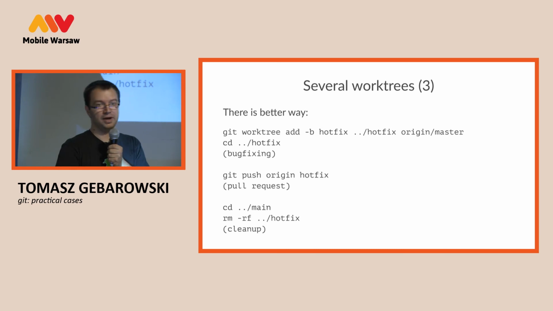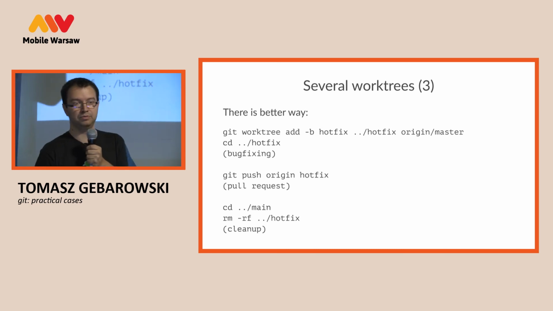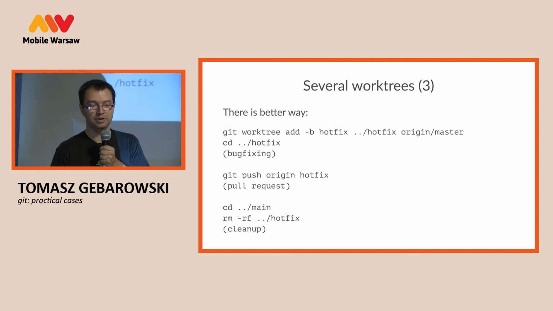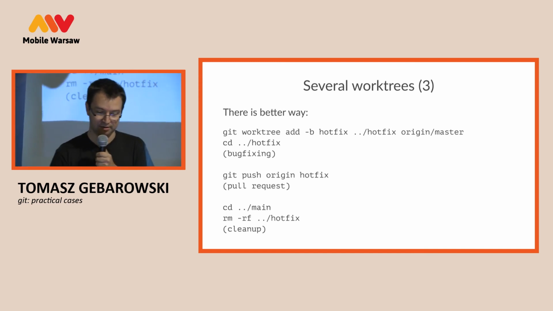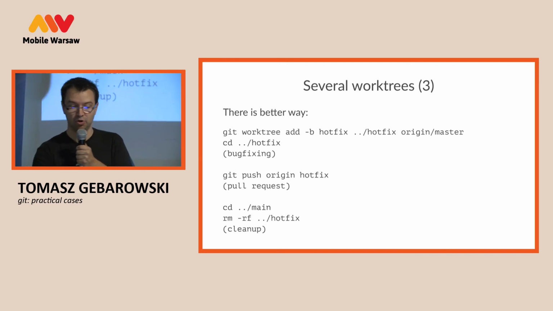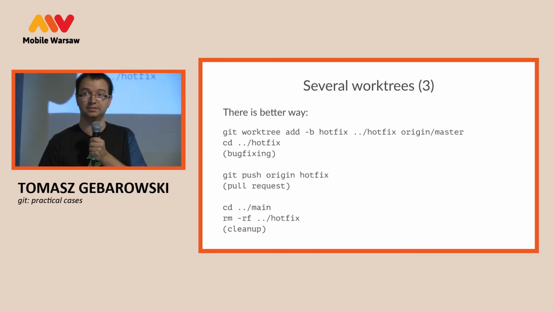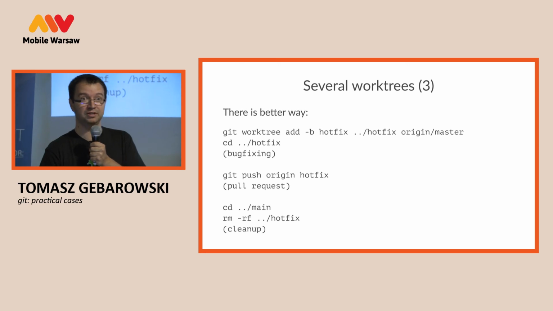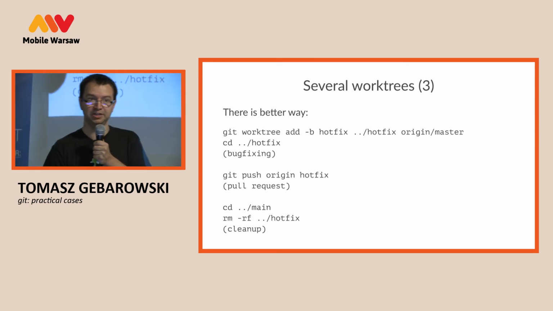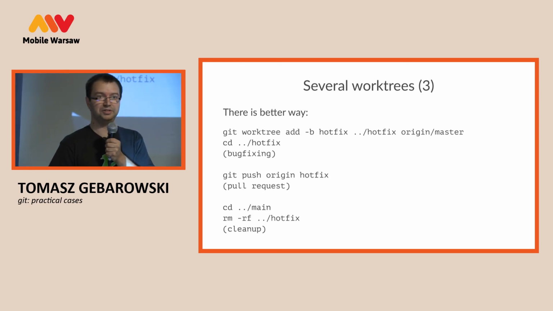And then you can either push those changes to make another pull request, or you can easily go back to the parent directory, delete it, and when you go back to the original directory, all the changes you made will still be in your Git history.